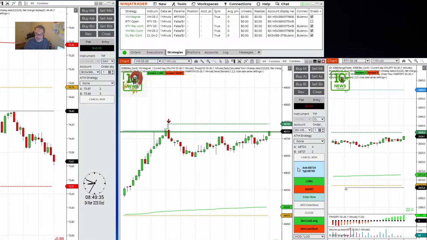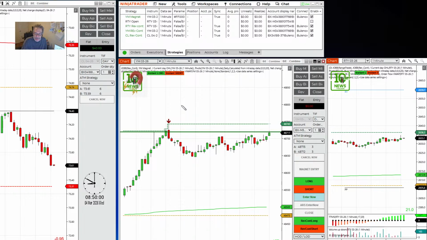I didn't want to trade quite this early. It's a little bit early for me. Probably this morning I'm missing all my good trades because they're all early.